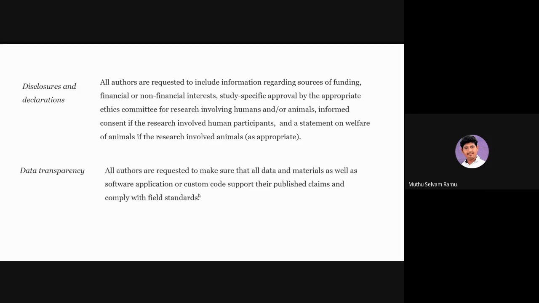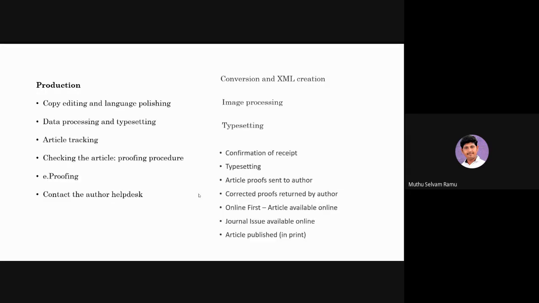If you are using other articles or other images, you have to get proper permission from the copyright owner, because for many articles the publisher serves as the copyright owner. If it is an open access article, you can get copyright authorship.